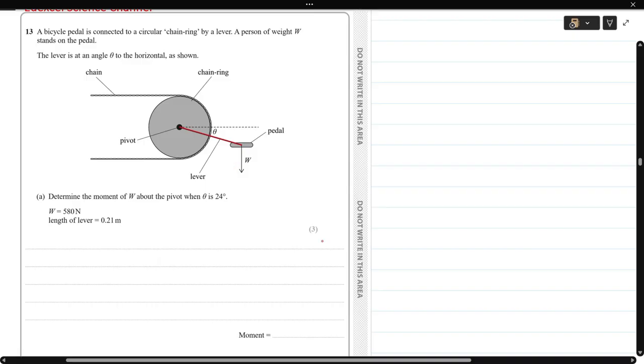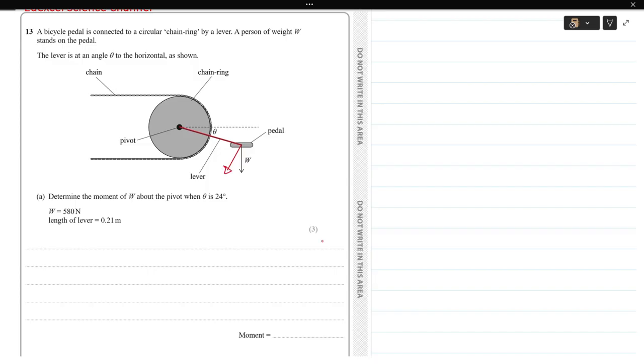Now, if we want to find out the component of weight, it should be this component. If this is theta, we know that this is also going to be theta, and this is going to be W cos theta. So the moment caused by the force W is going to be W cos theta times the perpendicular distance, this distance.